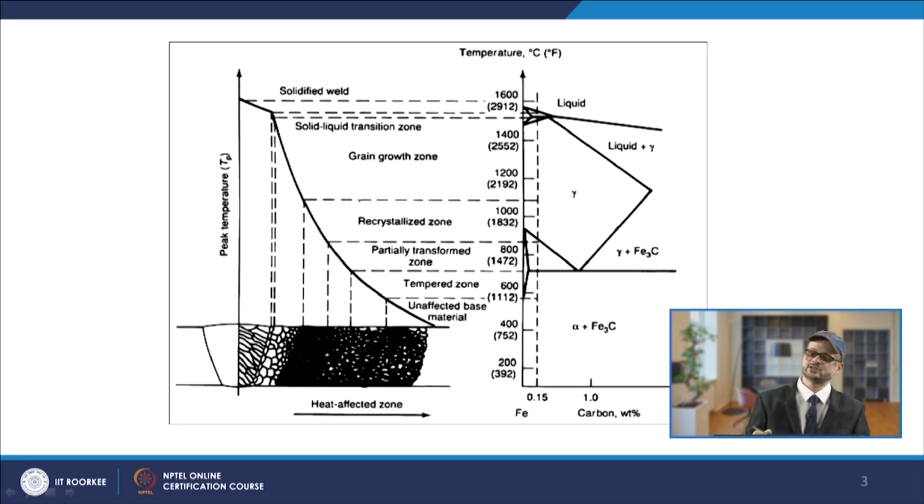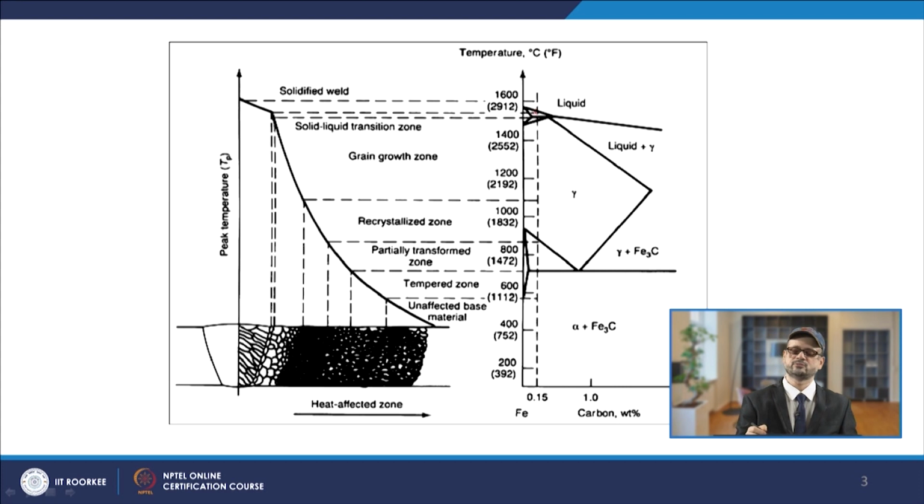So, this is your iron carbon diagram. This is your alpha iron, and then you have this is your gamma iron, on this side you have delta iron, you have liquid, and above this temperature you have all liquid.